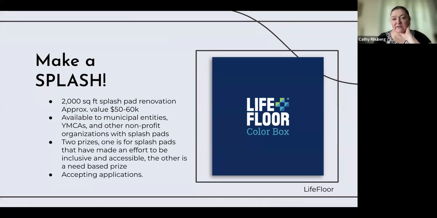So what Life Floor is, they're a company that makes the rubberized flooring that you would put on. If you apply for this grant and are accepted for it, they will provide the Life Floor color block bottom for it. They're very creative, they're colorful, they're just beautiful.